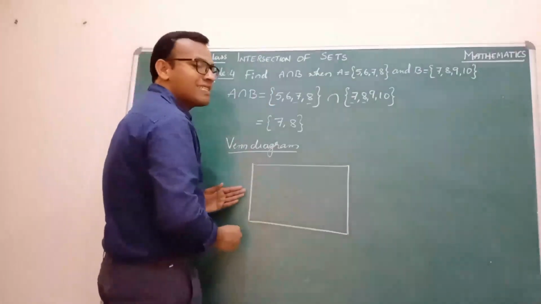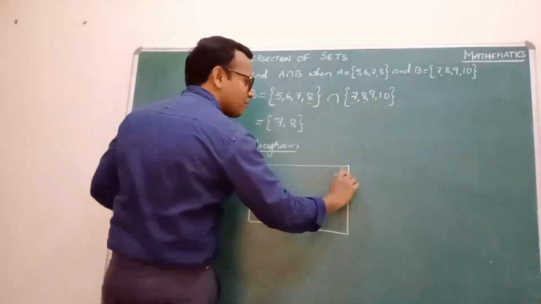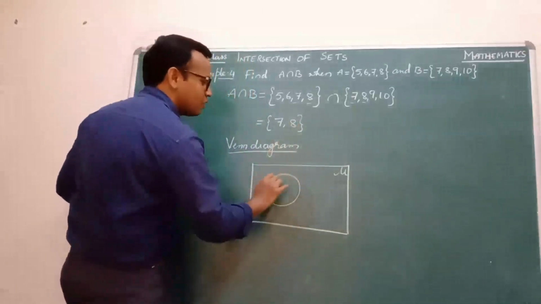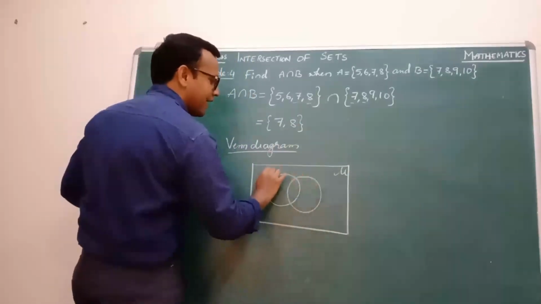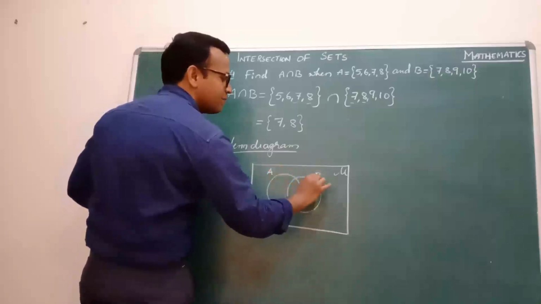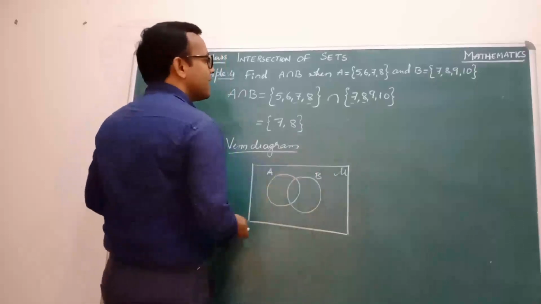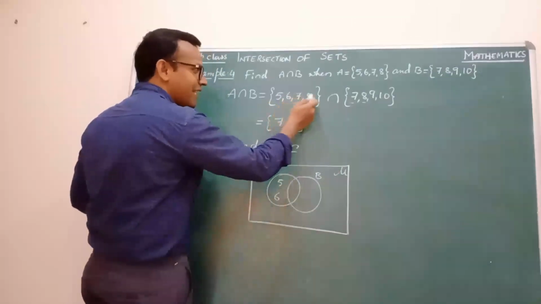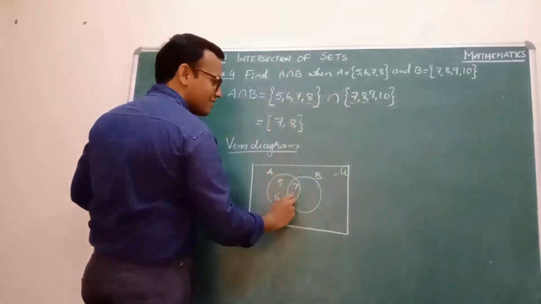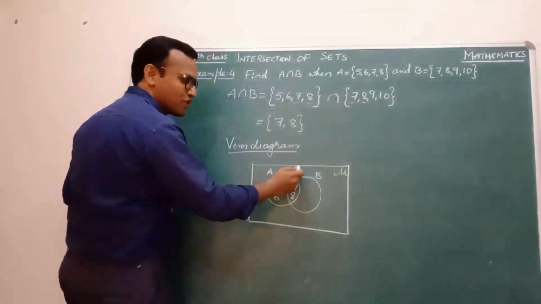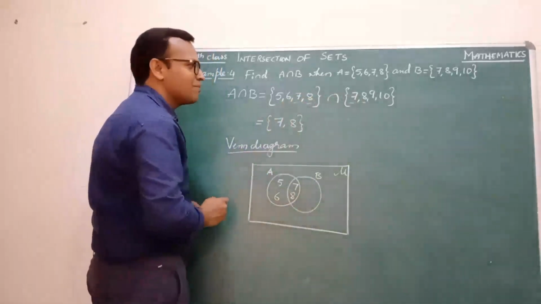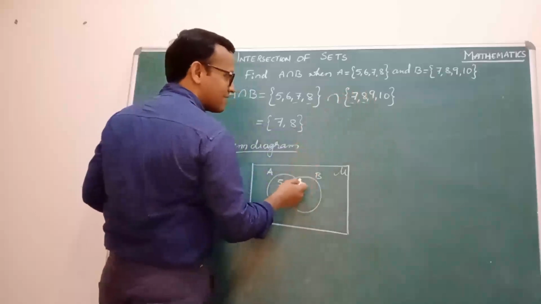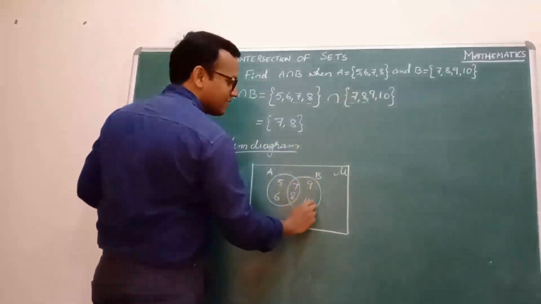Now this is the universal set mu. In that, two sets are there, set A and set B. Set A consists of 5, 6, 7 and 8, and this portion is the common area for A and B. The set B contains 7, 8, 9, 10.